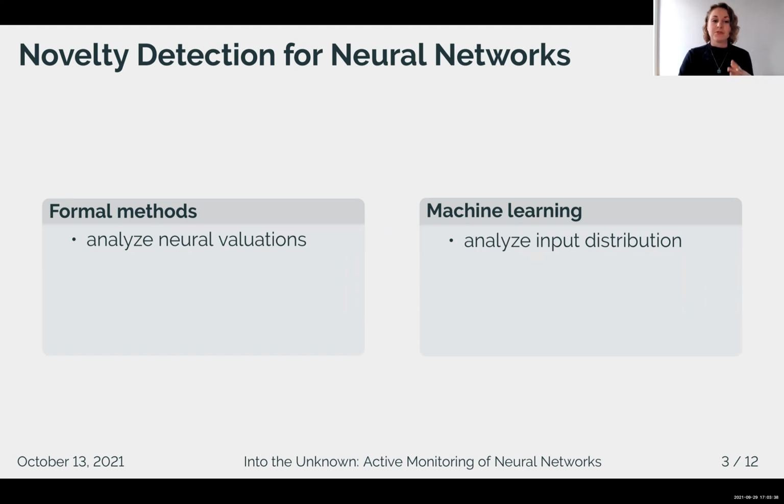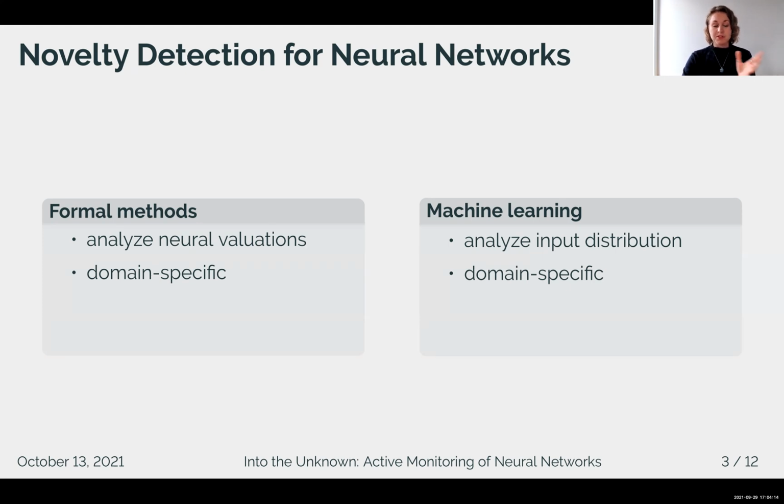For novelty detection or this kind of situations for neural networks, there are approaches that exist both in formal methods and machine learning. In formal methods, we analyze neural valuations, meaning we analyze the inner layers of the neural network. In machine learning, usually what's analyzed typically is the input distribution of the data that the neural network processes.